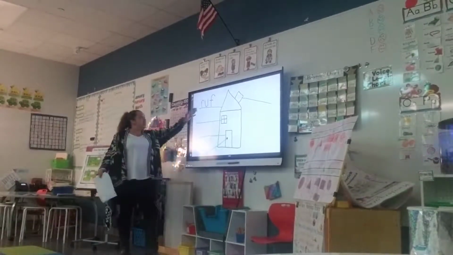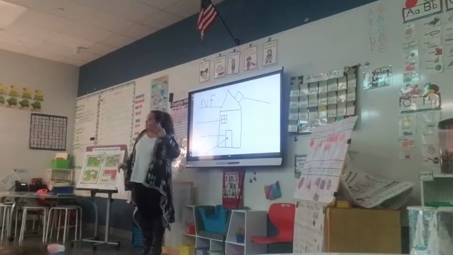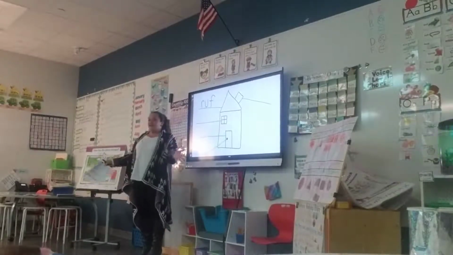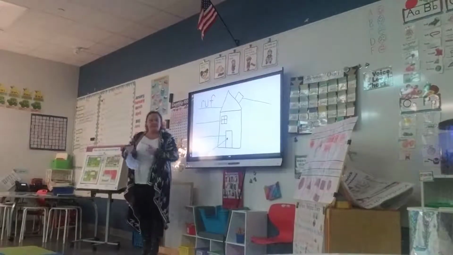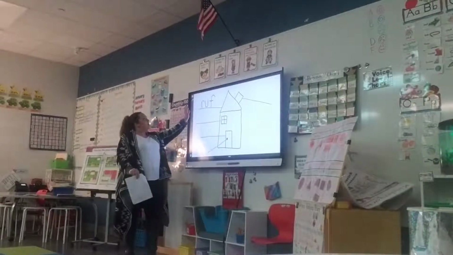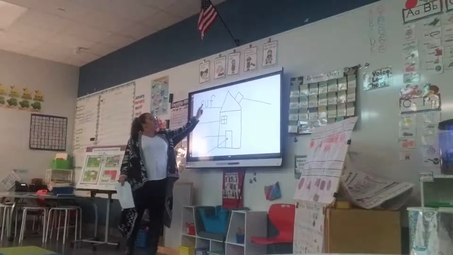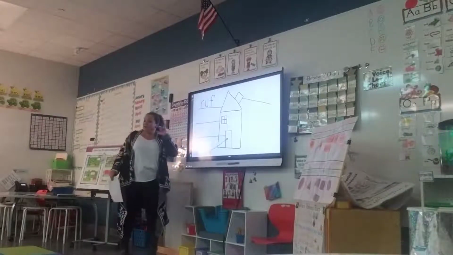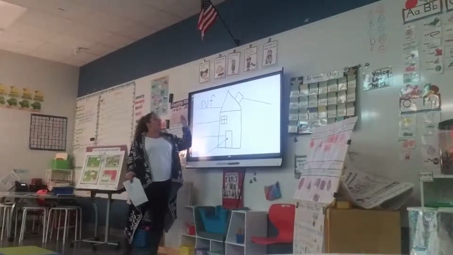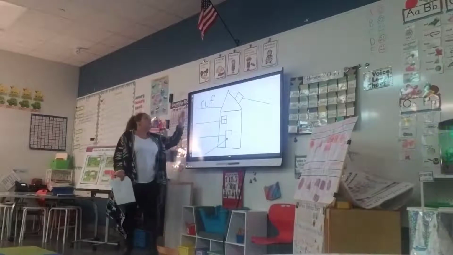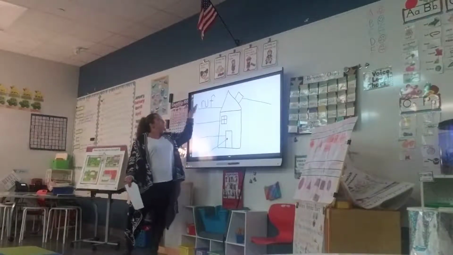That matches the sound that I hear in my ear, and the letter I write needs to match. Let's see if I have it. Oof. You always want to say it back to make sure the sounds that you say match the letters that you write. Oof. Roof.